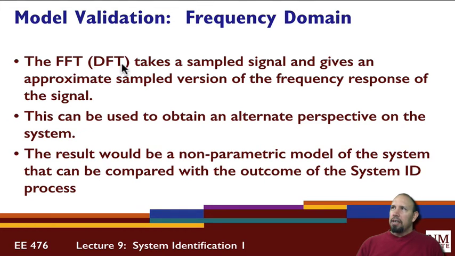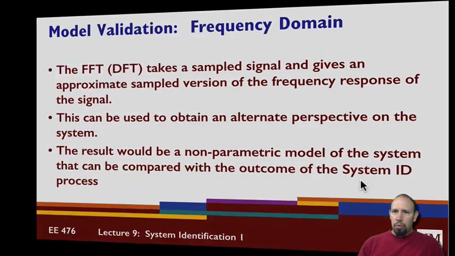So the FFT basically takes a sampled signal and gives an approximate Fourier version of that signal. We've seen that already. This can be used to obtain an alternate perspective on the system. What we're looking for in this frequency domain approach is a non-parametric model of the system that can be compared with the outcome of the system identification process.